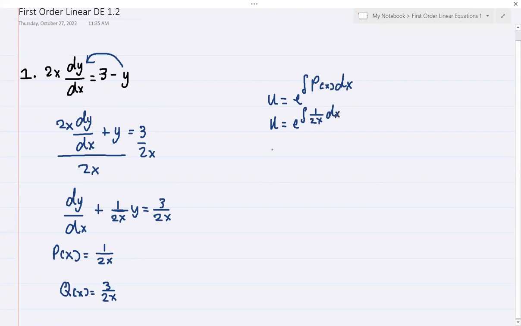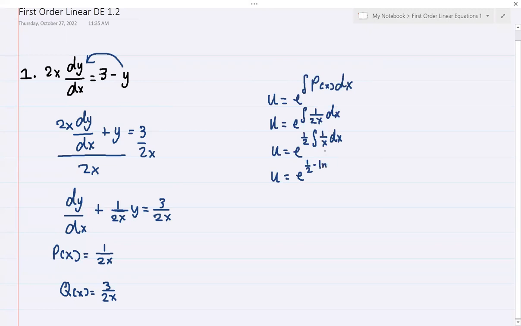Okay? So, I can bring out my 1 half outside of the integral. So, we will have 1 half times the integral of 1 all over x. So what would be the integral of 1 all over x? It's ln of x.